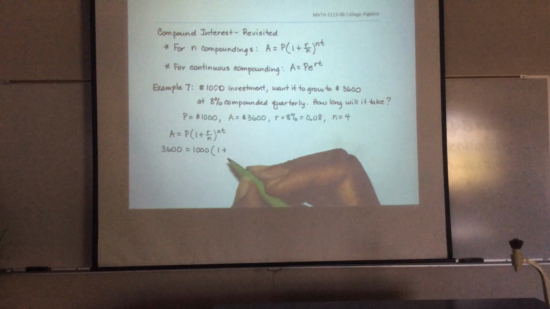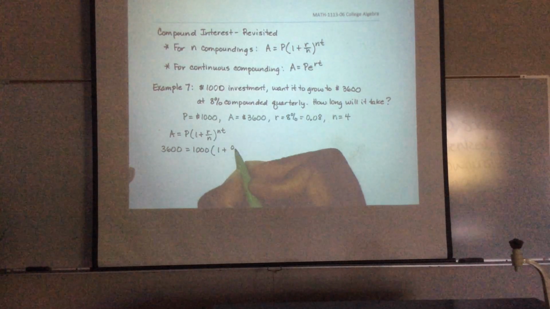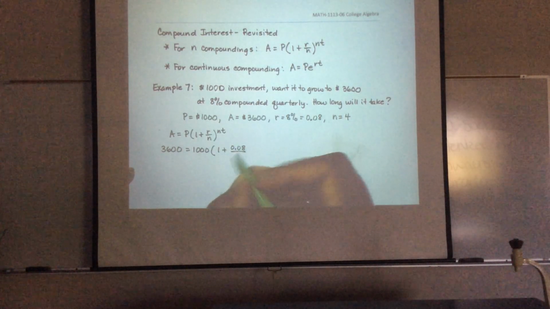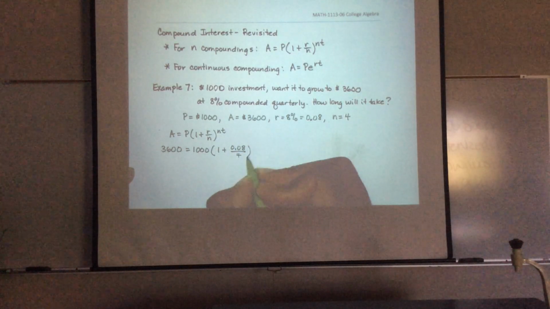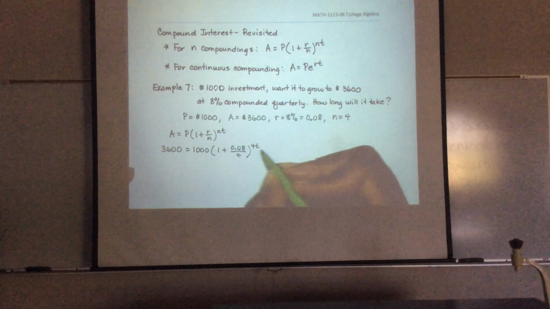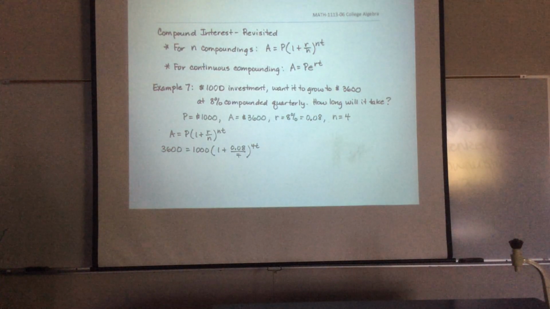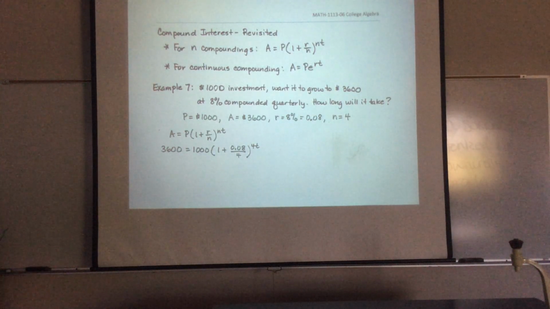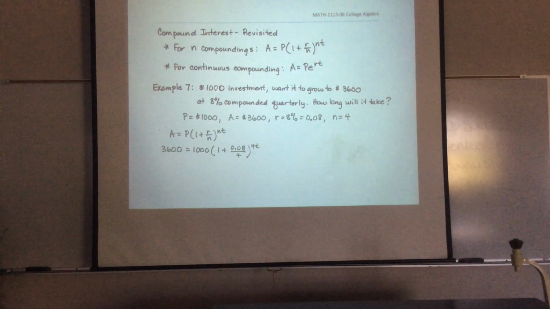In this case, your r is going to be 0.08, divided by n, which is 4, times n, again, that's going to be 4, but t is what we're trying to find. So your exponent there will be 4 times t. That's what we'll use here.